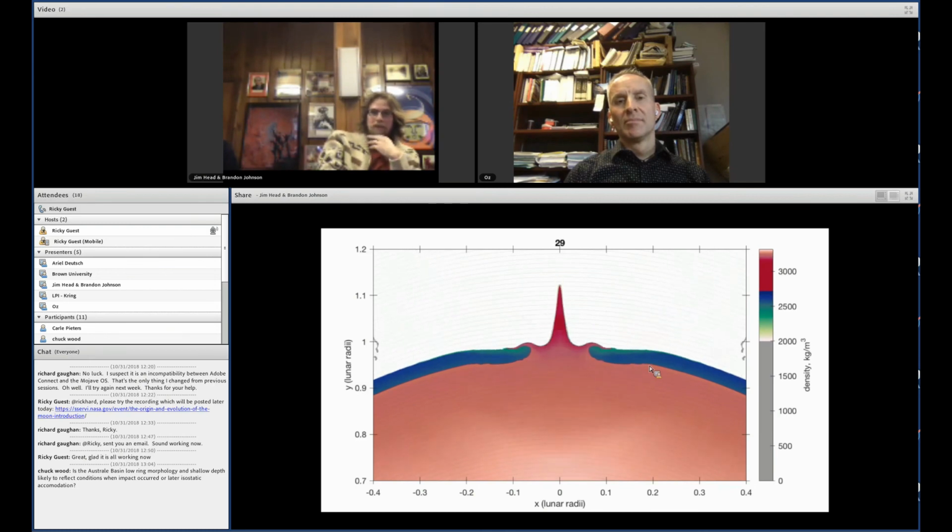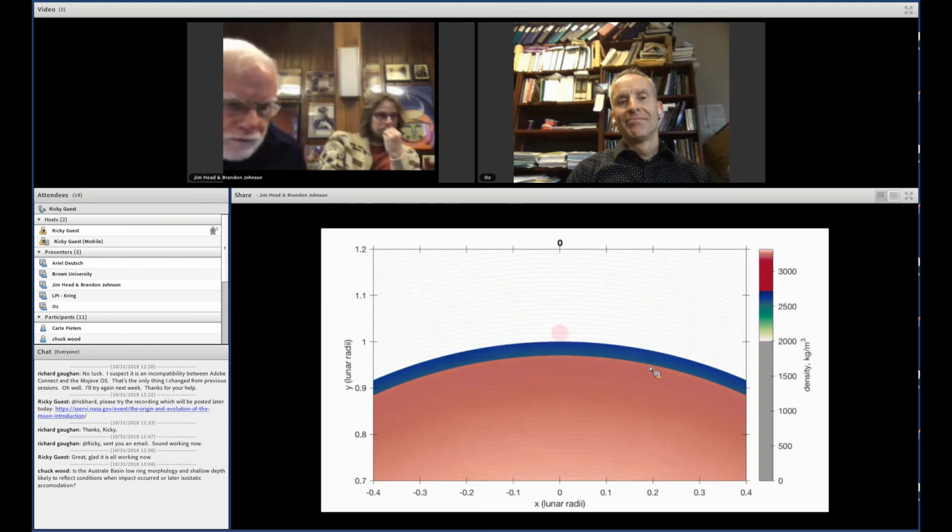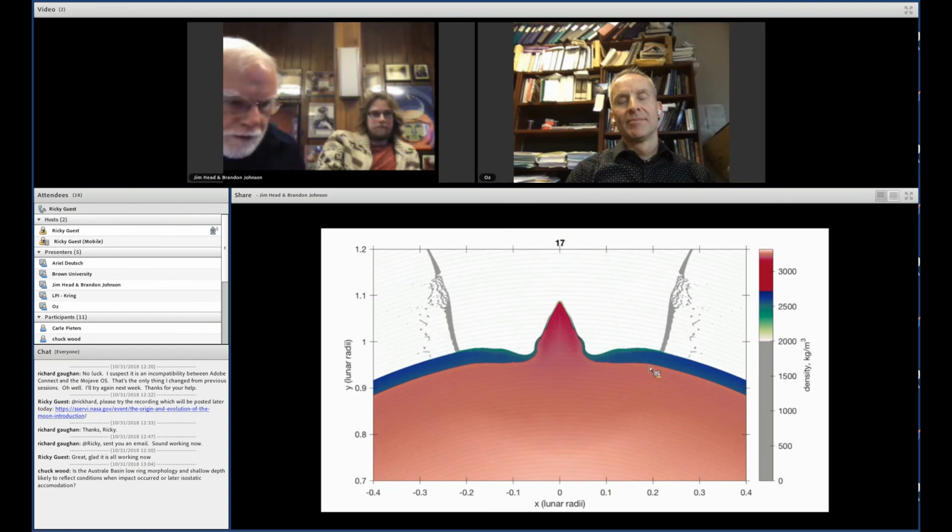But it's certainly not something that we see in our current models, and so it's a big problem, and I'm sure it will tell us something very important and interesting about the cratering process, but I don't know what that is yet.